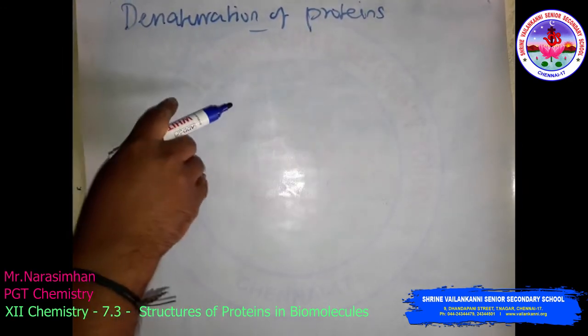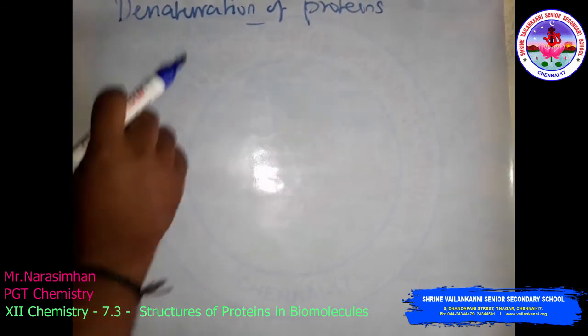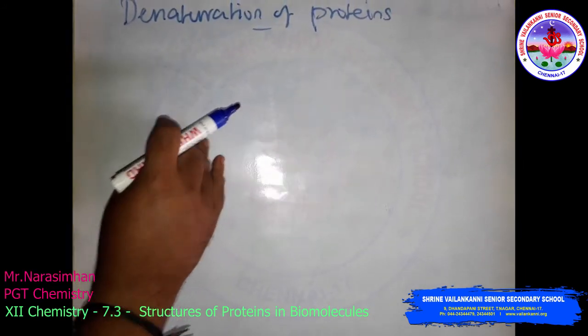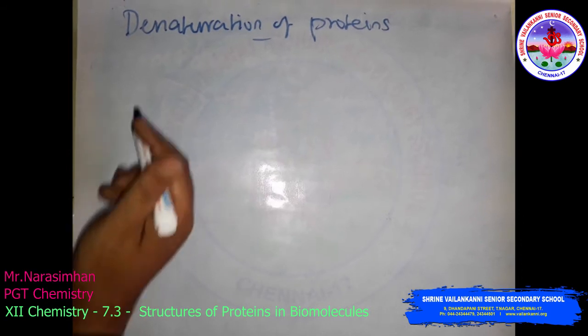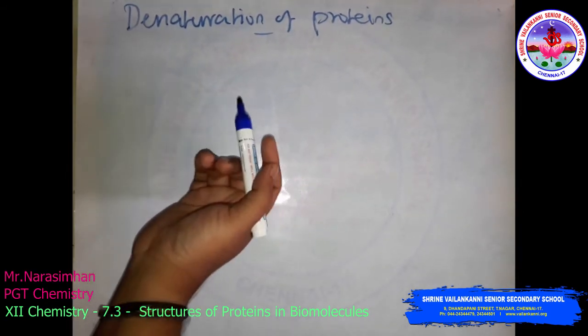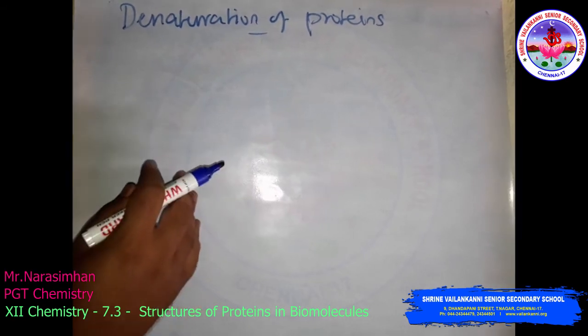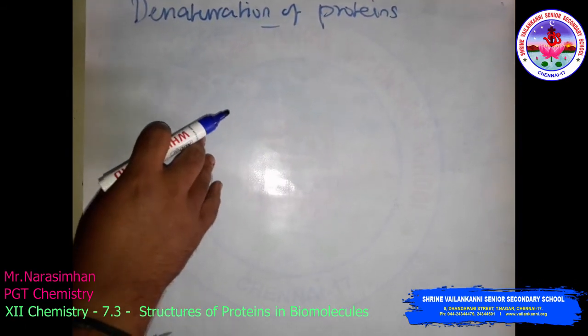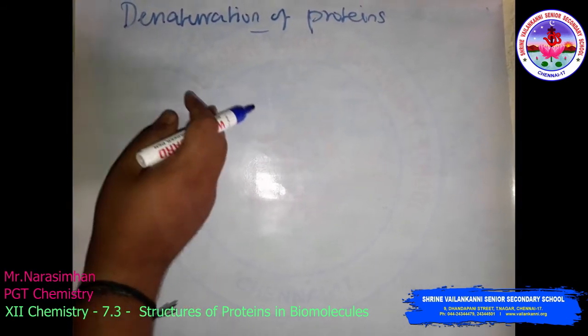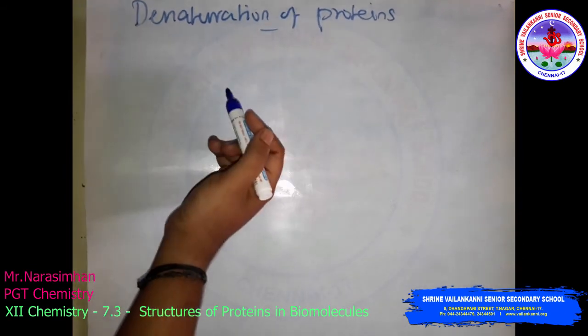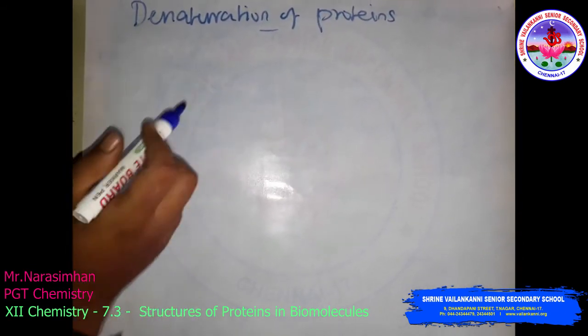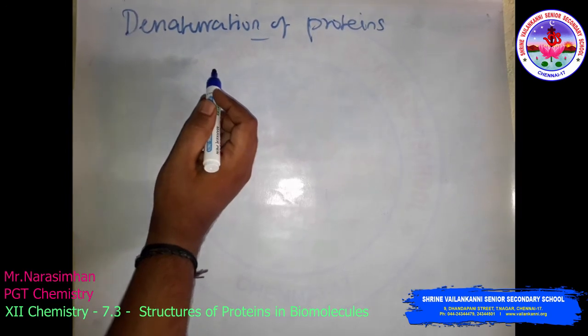When the protein in its native form is subjected to a physical change, like temperature, or a chemical change, like pH, the hydrogen bonds are disturbed. The helix unfolds, the protein uncoils and loses its biological activity. This is called denaturation of the protein.